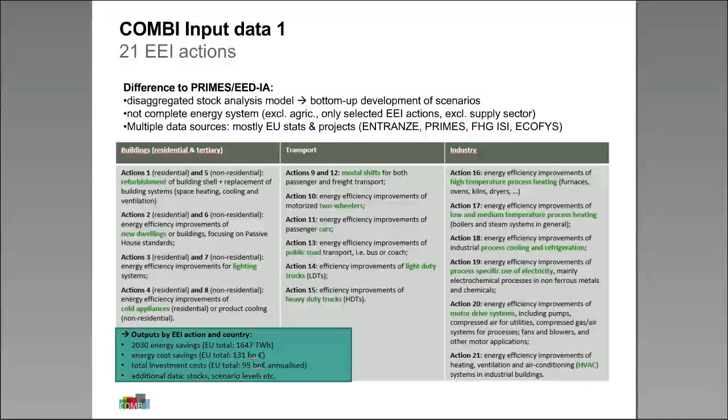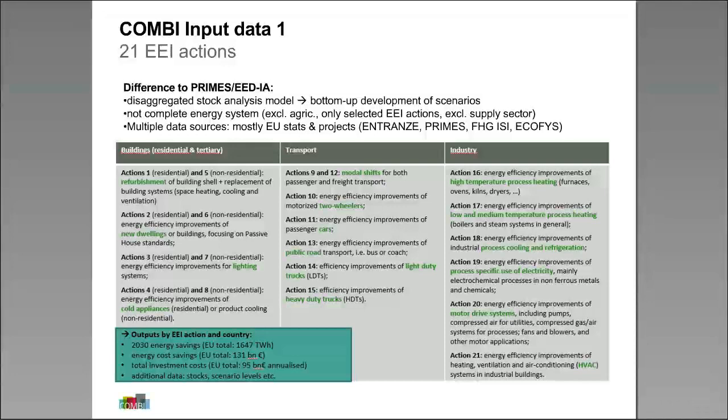Now, how does this relate to the existing European models? We always try to streamline the COMBI modeling with the official EU PRIMES scenarios that are used for the EED impact assessments. But it was not entirely possible to match those, because from the PRIMES scenarios we do not have a lot of very detailed information.